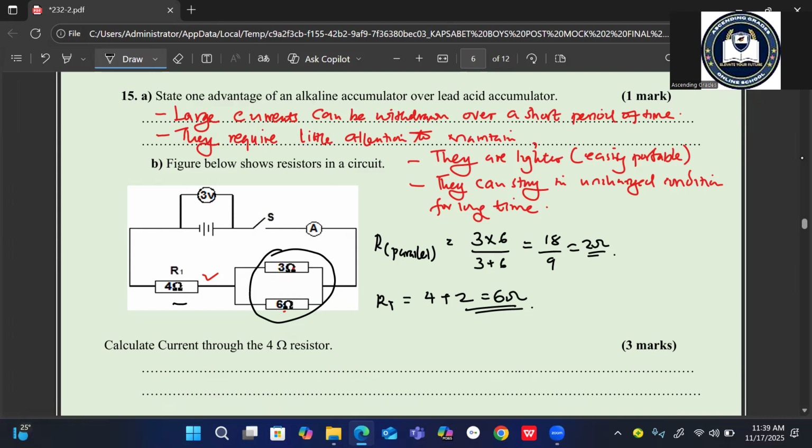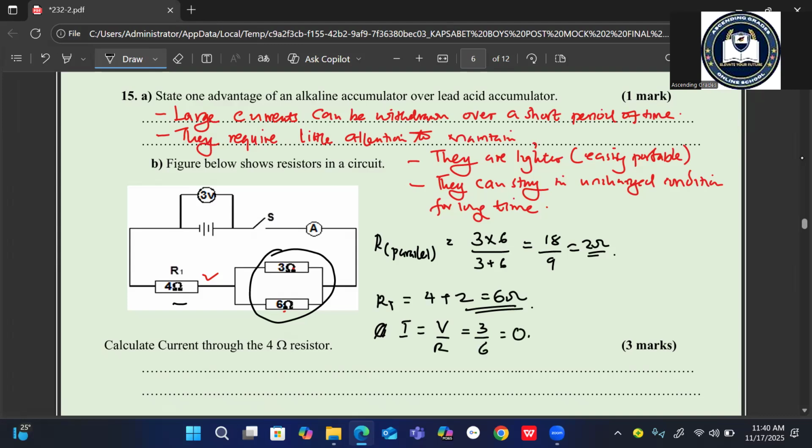So now, from that working, we can calculate the current. So current will be given by the voltage over the resistance. And this is 3 divided by 6.